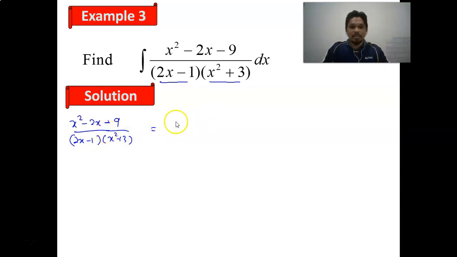It is A divided by the linear factor 2x minus 1, plus the quadratic that cannot be factorized, so the numerator here we come up with Bx plus C divided by x squared plus 3.